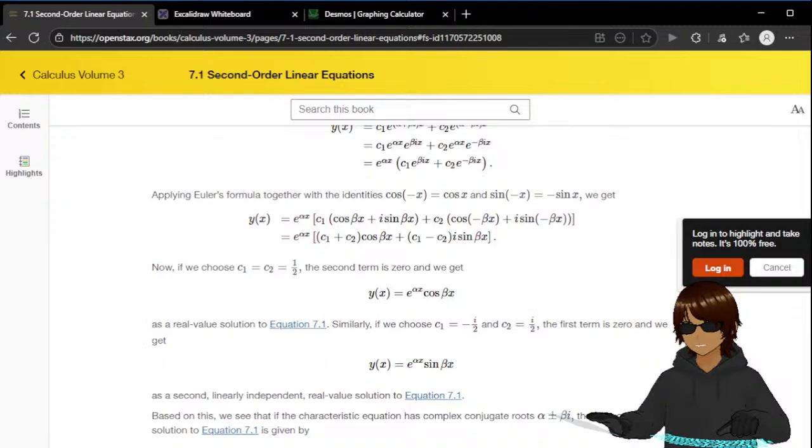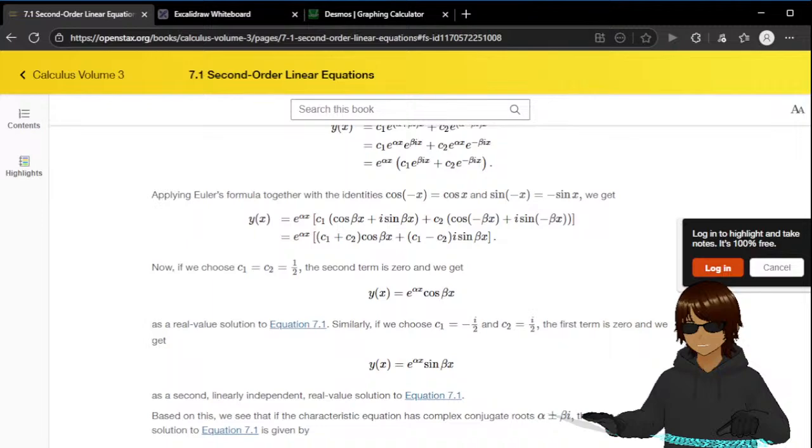Now, if you choose C1 equal to C2, which is equal to half, the second term is 0, this becomes 1, this becomes 0, and then we get this as a real valued solution for equation 7.1.